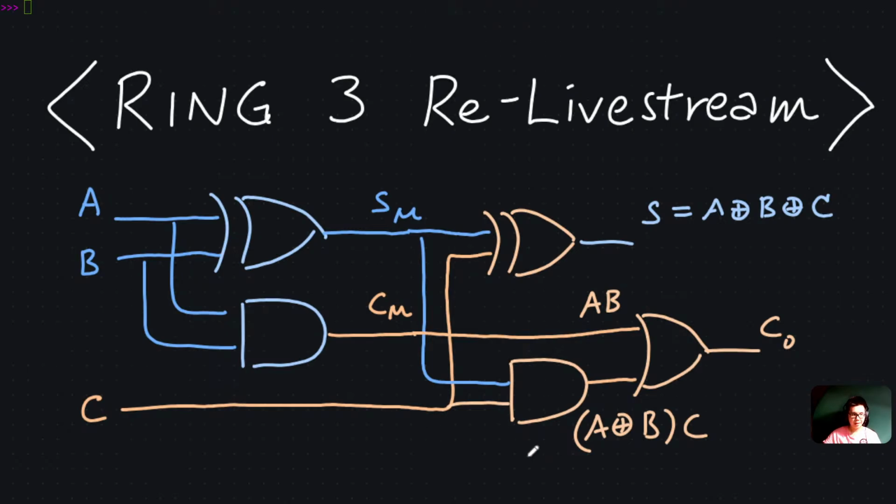For the carryover, we have that will be on if we have the combinations either of A and B and then C. So exactly if 2 of them are on.